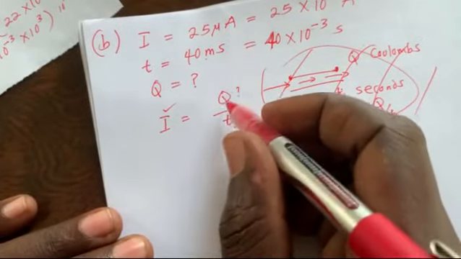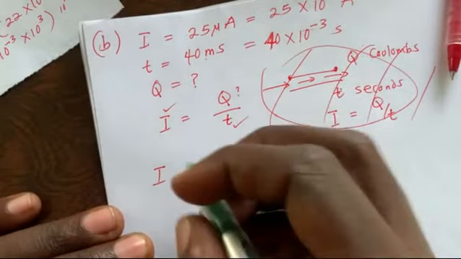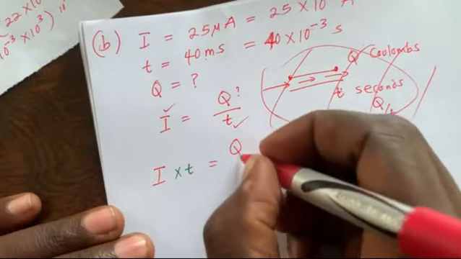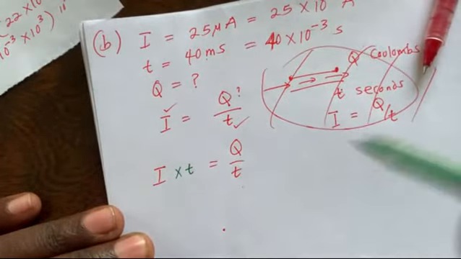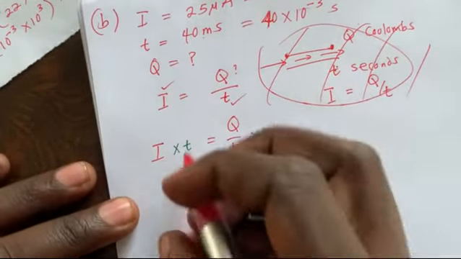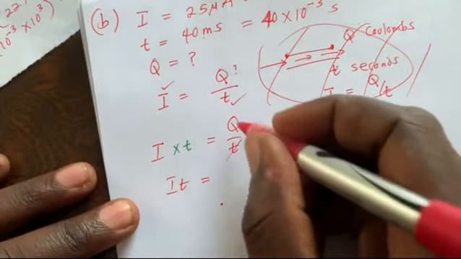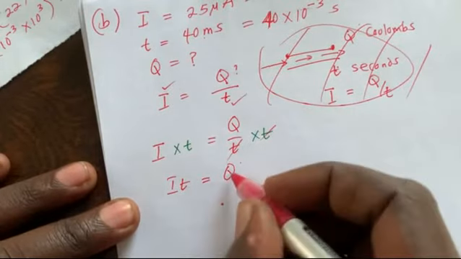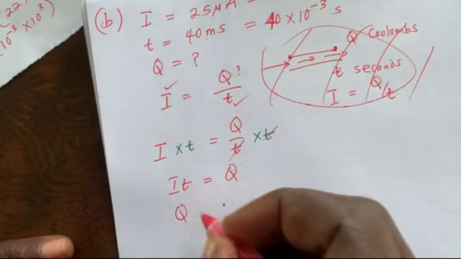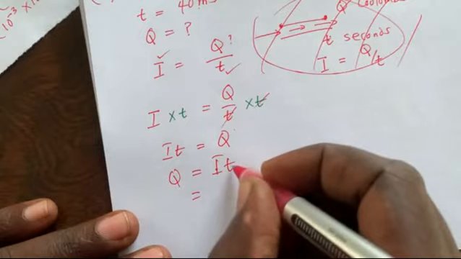Simply multiply both sides by the denominator, T. On the left hand side, I times T is equal to Q upon T times T. On the right hand side, T cancels T, and I have Q. Now Q is my subject. I can bring it to the left hand side and take this to the right hand side, as this is the convention. So Q equals IT.